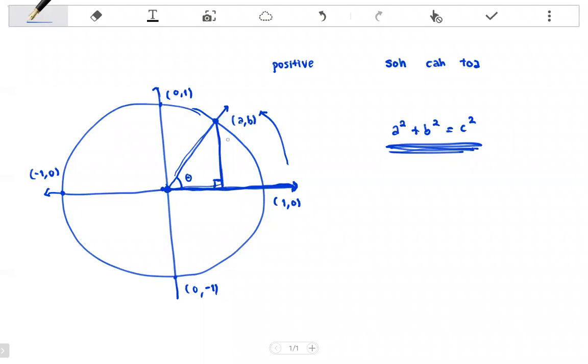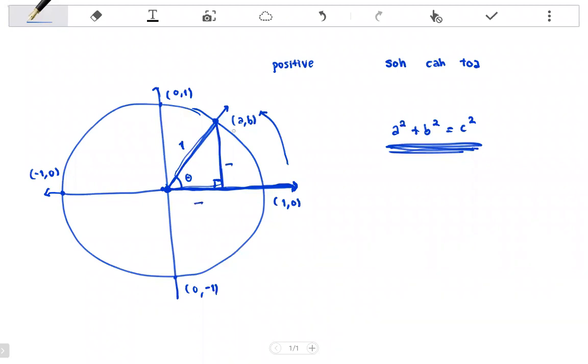Well, if the radius of the circle is 1, the hypotenuse has to be 1, right? Because it's going from the center to the outside. So if we know the hypotenuse is 1, can we find the two sides then?